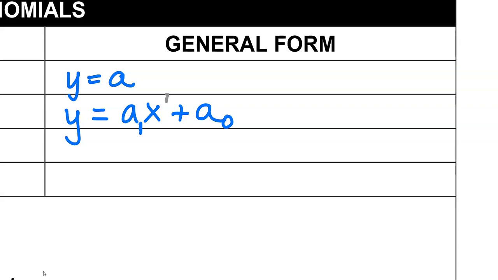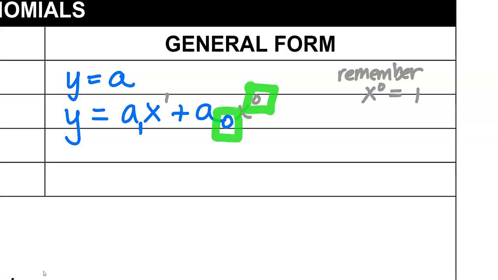Well, technically this would be x to the 0. Because remember, what is x to the 0? What does x to the 0 equal, you guys? Yeah, it equals 1. And isn't it nice, right? Then this matches the degree that's here. This one matches the degree that is here. So I'm going to go back and modify this first one to be a sub 0.